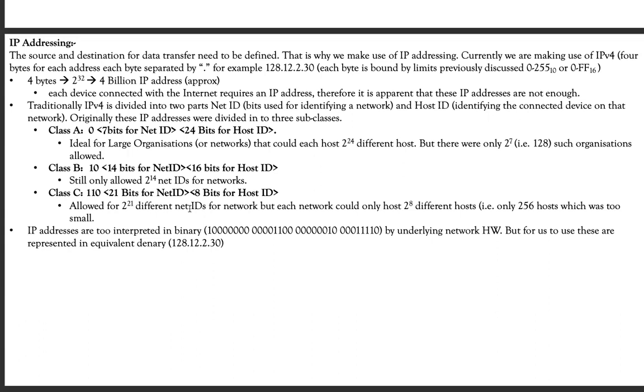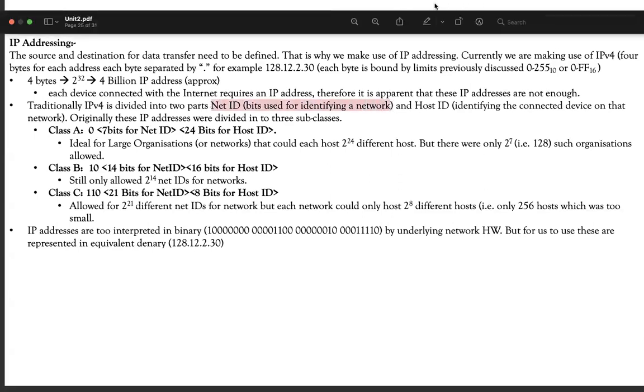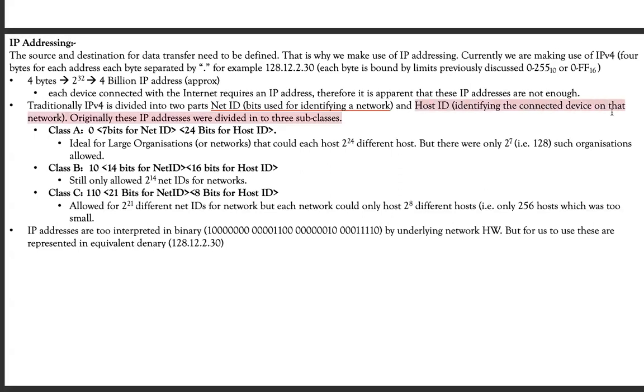First of all, let's understand the basic structure of IP addresses. Each IP address is made up of 2 parts. That is the net ID, which is used for identifying the individual network. Similarly, we have the host ID, which is used to identify the individual device on that network. So if some traffic is to reach you, that packet will first have to reach your network.